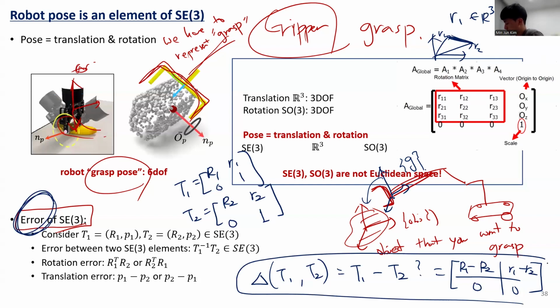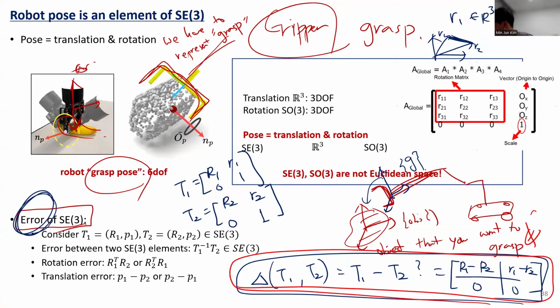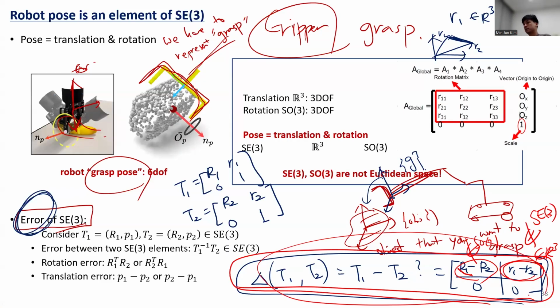But if you do this, then this error does not belong to SE3 anymore, because this small r1 minus small r2, that's in R3, that's fine. But if you do capital R1 minus R2, that's not a rotation matrix, right? So this entire thing is not SE3. So you cannot do it.